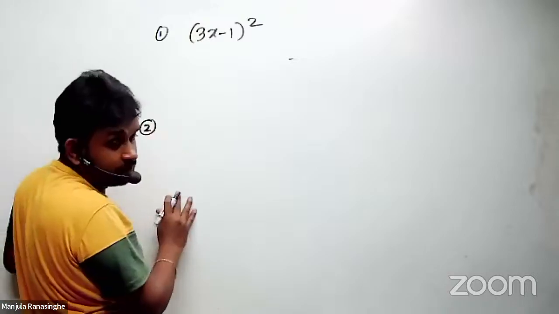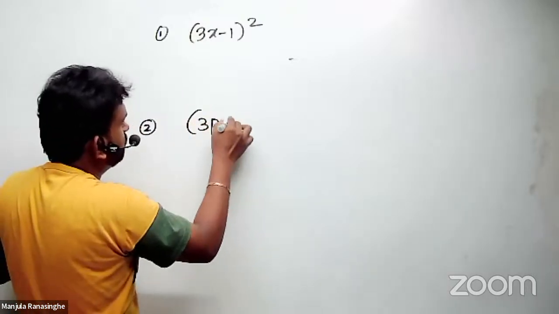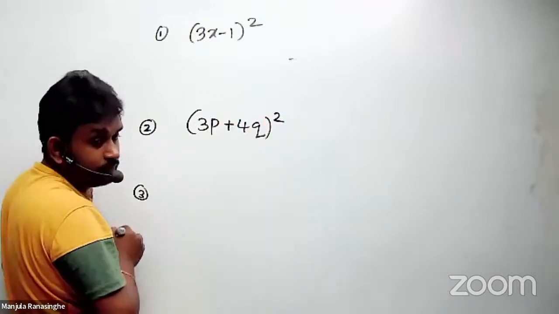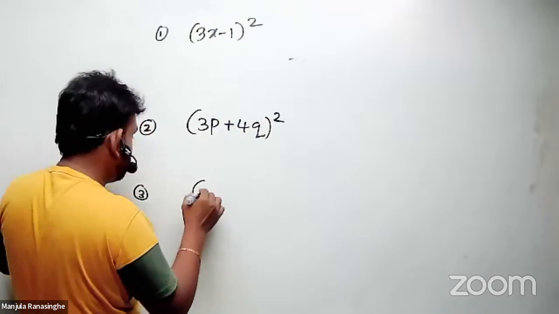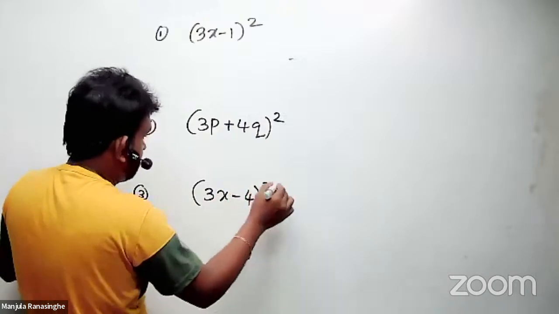The second one, 3p plus 4q squared. Third one, 3x minus 4 squared.